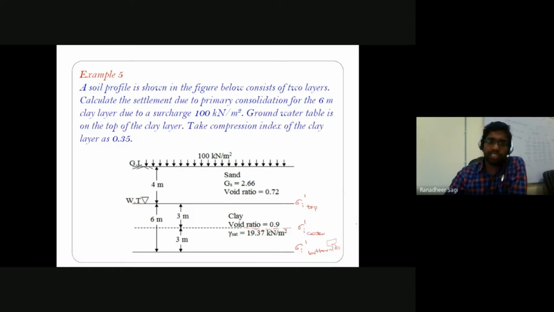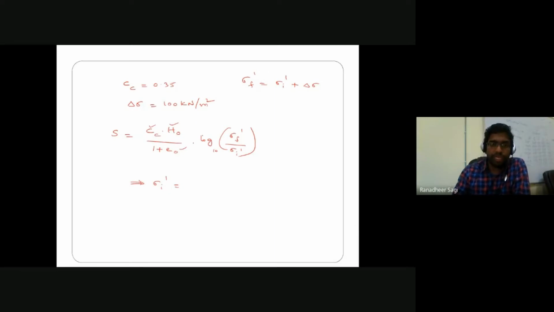Now, if I want to calculate the initial effective stress directly at the center of the clay layer, the initial effective stress is nothing but the initial total stress minus the initial pore water pressure, or how much pore water pressure is getting developed in the soil sample.